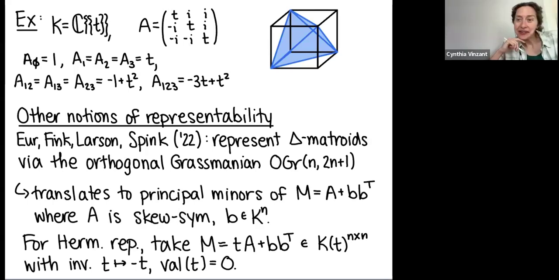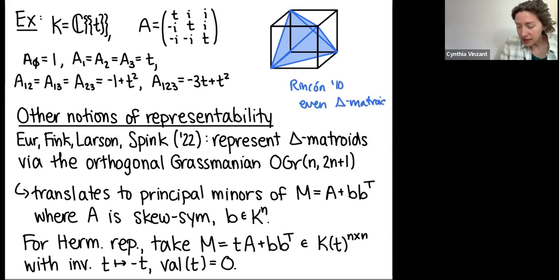I don't know. I think Felipe's original story with the orthogonal Grassmannian was a type D thing. This paper of Felipe from 2010 was really about even delta matroids and skew-symmetric matrices.